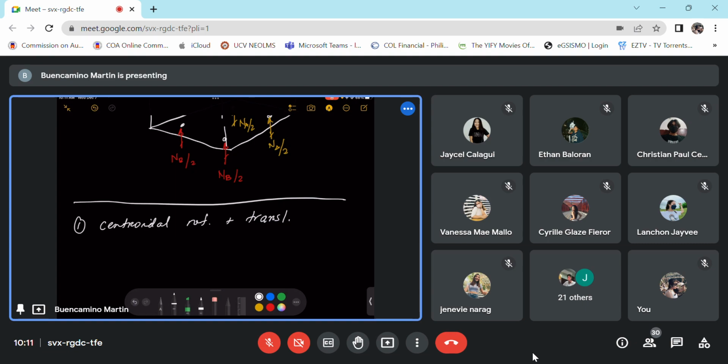We're going to discuss also non-centroidal rotation plus translation. Maybe we'll start with pure centroidal rotation, then upgrade it with plus translation, then pure non-centroidal rotation, and then one problem on plus translation.